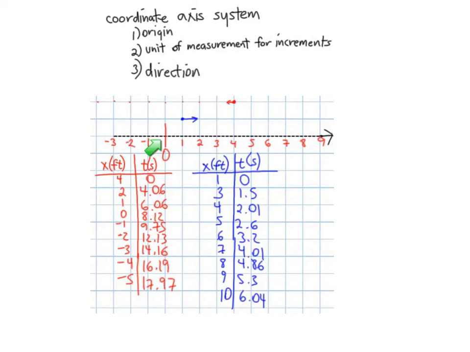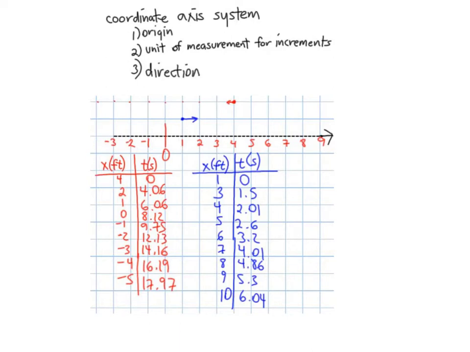It has an origin, it has a unit of measurement, and we use the tiles in the hallway, which are 1 foot long, as our unit of measurement. And it also has a direction. We call to the right on this diagram positive, and so to the left would be negative.